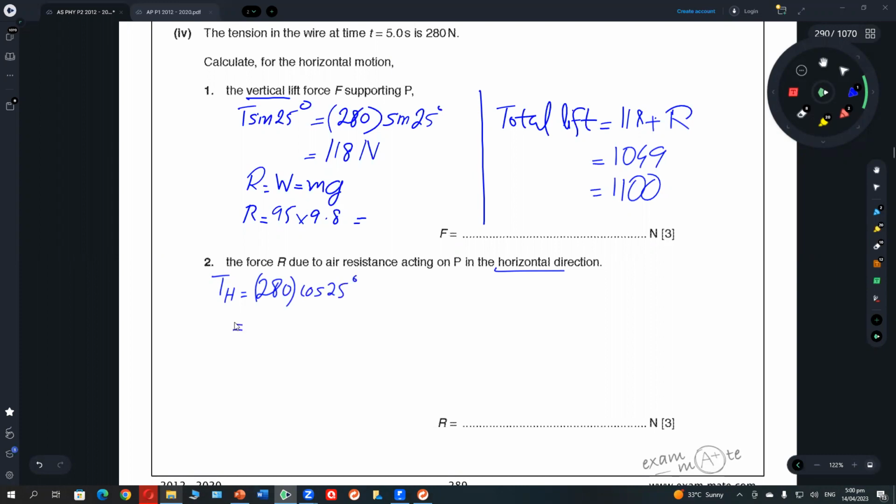First find this, the horizontal tension. It is coming as 253.8.